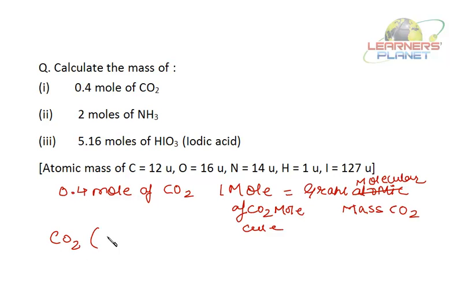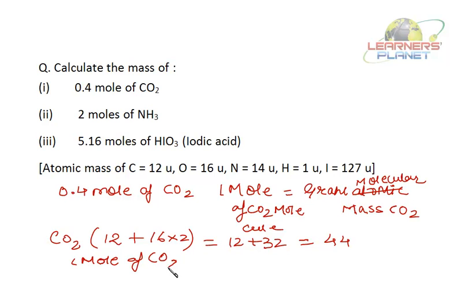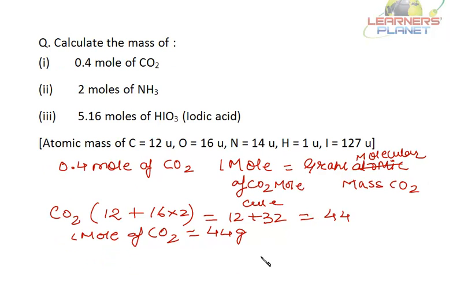CO2. So the gram atomic mass of carbon is 12 plus gram atomic mass of oxygen is 16 into 2. Now this gives 12 plus 32, and what we are getting here is 44. Now 1 mole of CO2, the mass is equal to 44 grams. That is the gram molecular mass. Remember this.